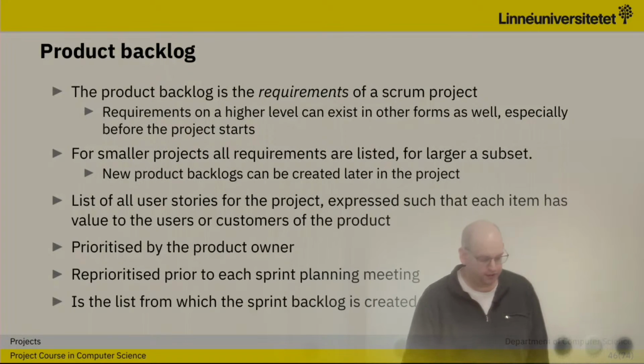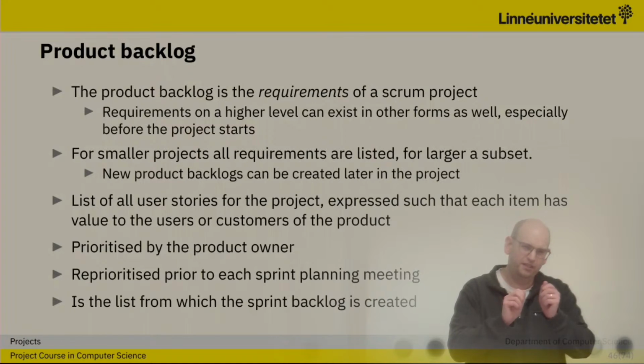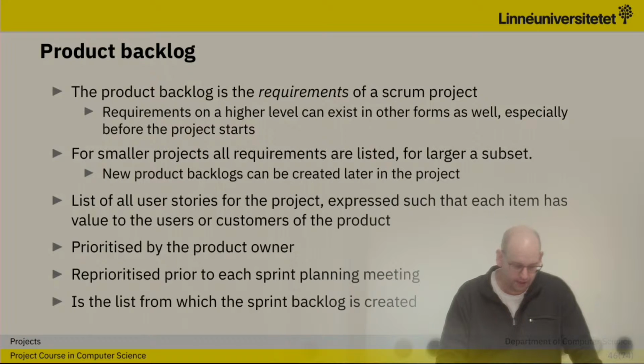And these are prioritized by the product owner in the specific order they want to see it, and we as a team might need to change that somewhat, and we reprioritize this after each sprint, at each sprint planning meeting, and we pick from this what we want to create.